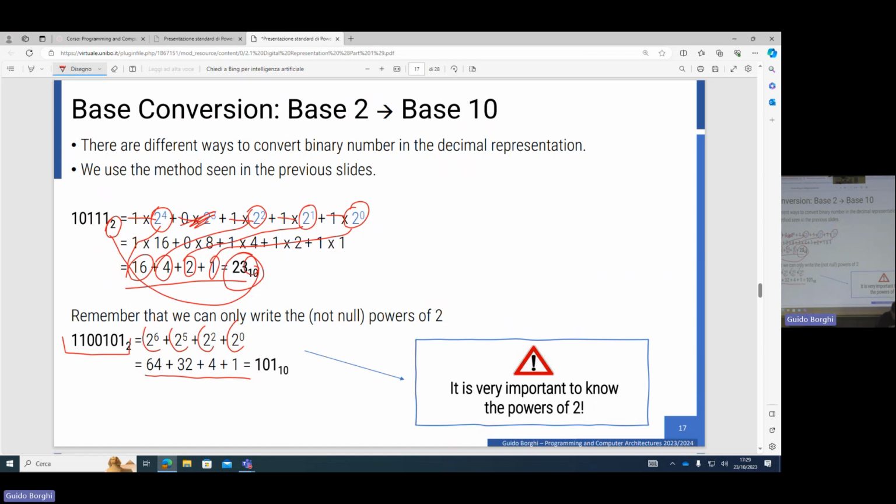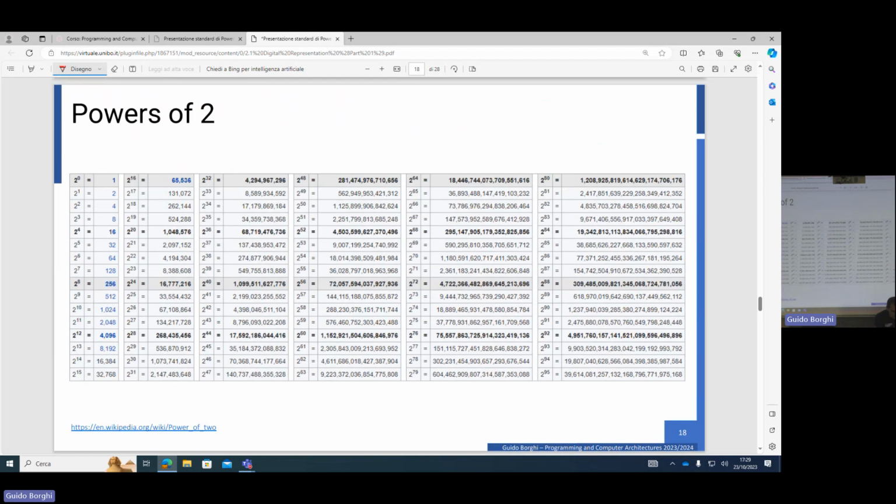I report here a slide taken from Wikipedia of the powers of 2. And I think that in our exercise, the best option is to know the powers of 2 until 2 to 9. Okay, but also 2 to 10, maybe. Okay, it's not so difficult.